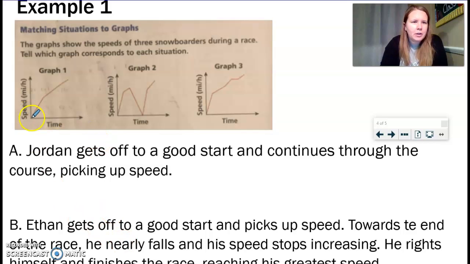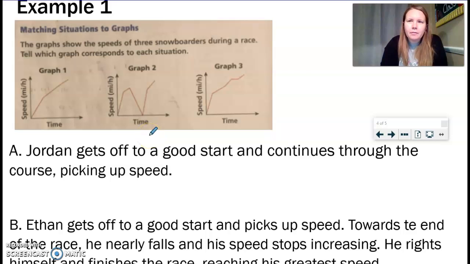That means as time goes on, their speed's going to increase. And then it says, and continues through the course, picking up speed. So, looking at my graphs, one starts off at a good start and continues throughout the course.